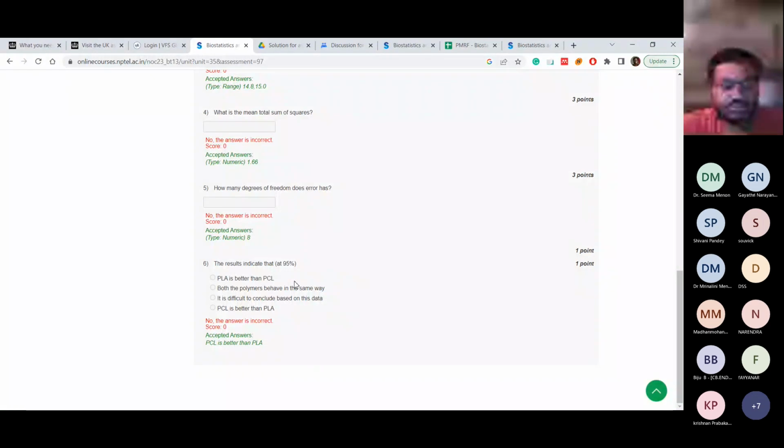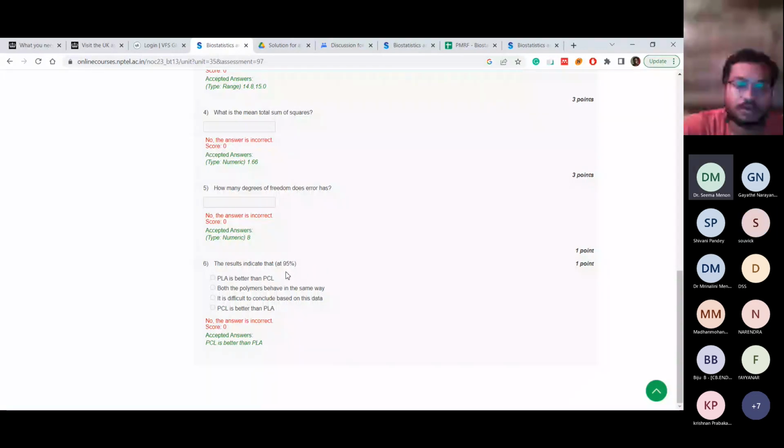You also check for the one-tailed test. You get the difference between PCL and PLA using the two-tail test, and you find that there is a difference because the t value is greater than 1.8. Then you check for the one-tail test and you see that it's also greater. And since you're subtracting the value of PCL from PLA, you know the direction is that PCL is better than PLA.